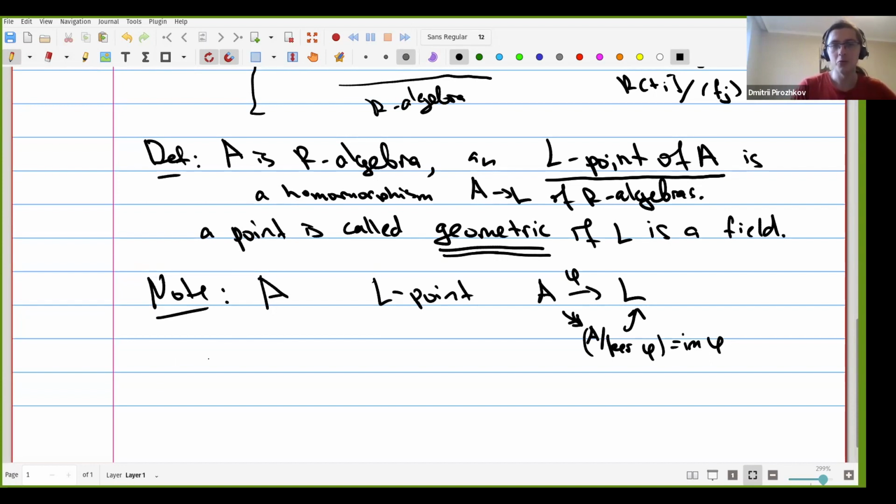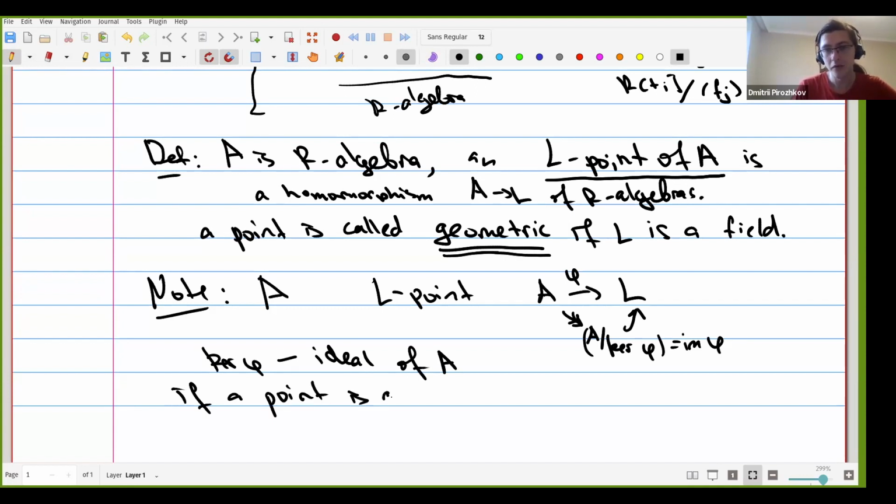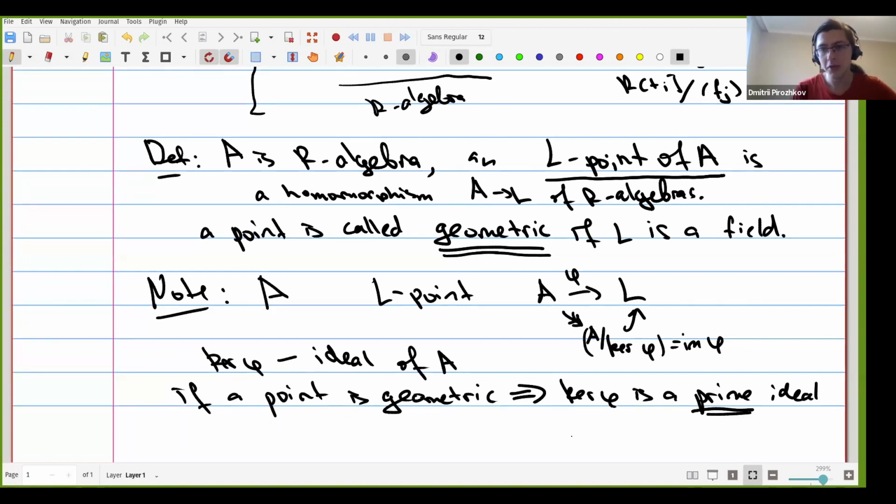So we can study the kernels, and the kernel is always an ideal of the ring A. And if a point is geometric, then it's not hard to see that this kernel is a prime ideal, which means that if x times y lies in the kernel, then either x or y lies in the kernel.